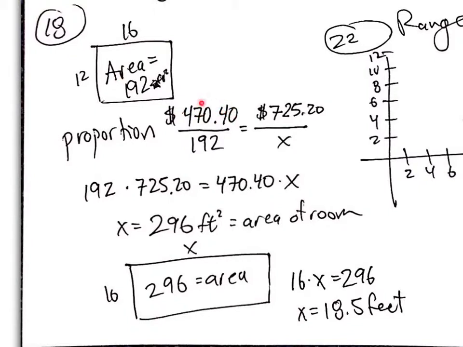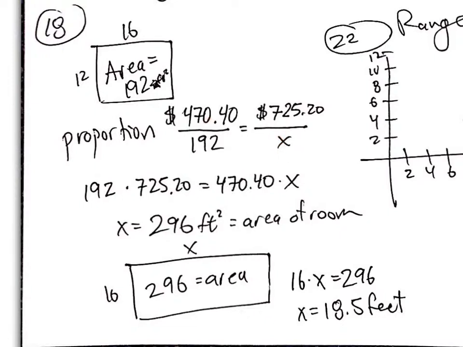So we're assuming that the cost of the carpet is proportional to the area, the amount of carpet needed. So the question tells us it costs this much to carpet this much area, and then it tells us if we're going to spend $725.20, how much carpet can we get, or how much area can we actually carpet in a room.